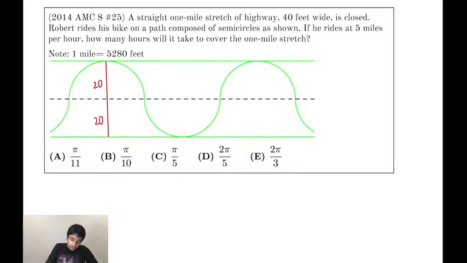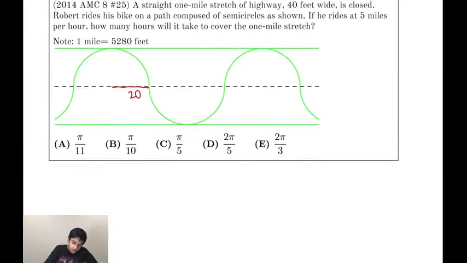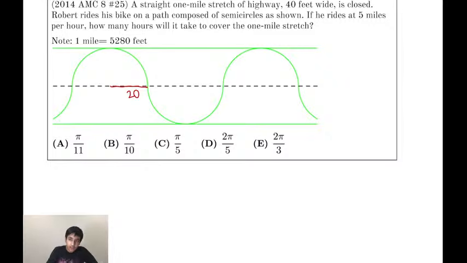And what does that mean? That means the radius of the semicircle is 20. So these are both going to be 20, the radiuses of the semicircle. So what does that tell us really? Now that we know the radius of the semicircle is going to be 20, what is the length of the semicircle? We know that this is a 180-degree arc. A semicircle is always a 180-degree arc.